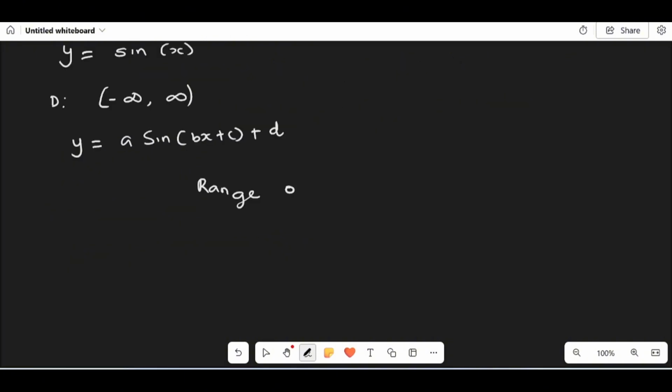Range of sine function. The basic sine function outputs values between -1 and 1, and the range of a standard sine function, which is y equal to sine x, is [-1, 1].